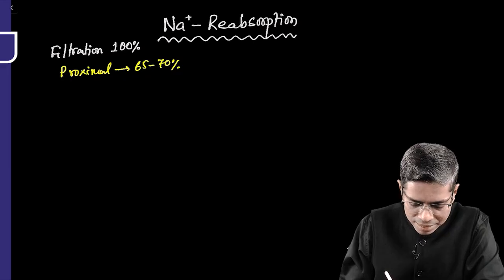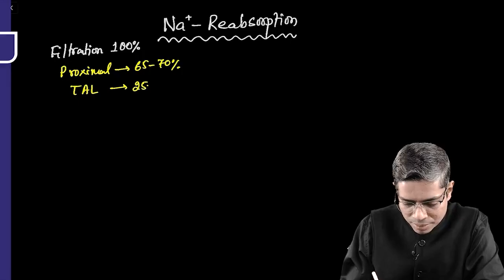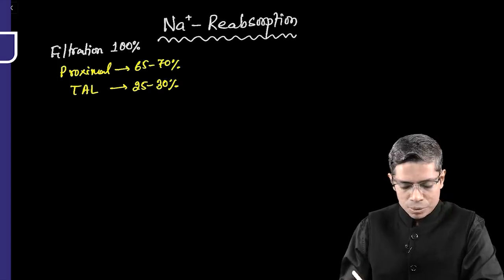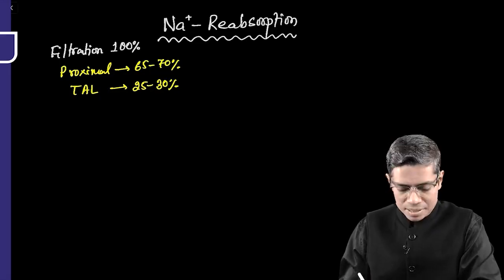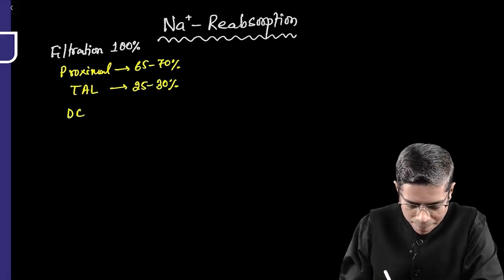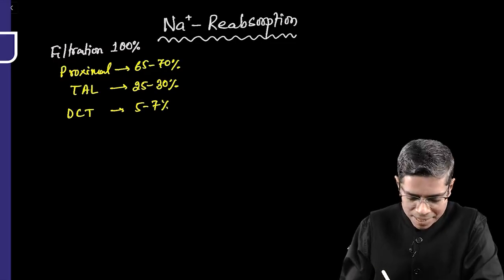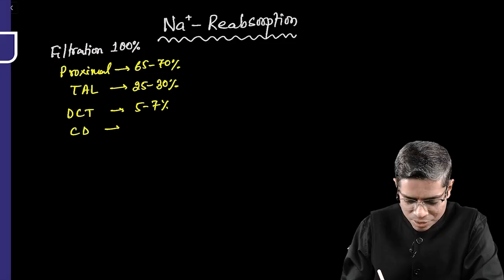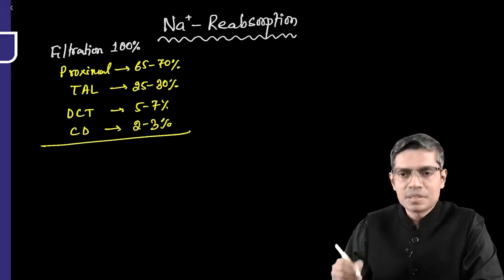Then TAL, thick ascending limb of loop of Henle, is going to reabsorb another 25 to 30%. So 60 plus 30, almost 90% is reabsorbed. Now DCT is going to reabsorb only 5 to 7%, and collecting duct is going to reabsorb 2 to 3%. Oh my god, almost 100% you have written, sir.